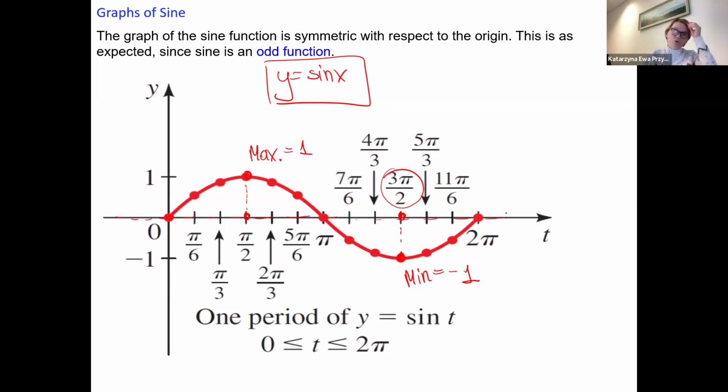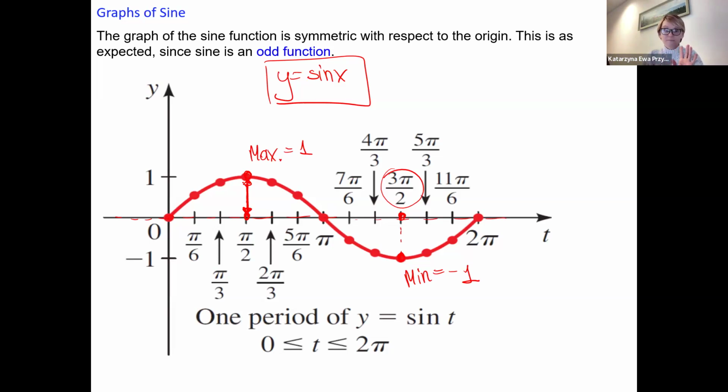We need to know a couple of characteristics: we have a midline, a maximum, a minimum. What is the name of the quantity which is the distance from the midline to the maximum value or to the minimum?